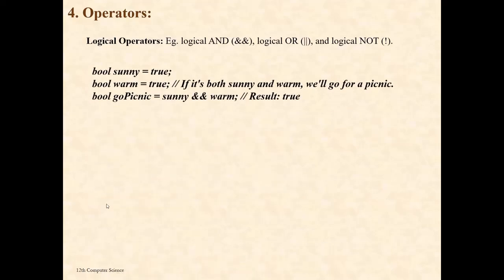There is one example given here. We have declared a boolean variable named sunny. A variable can be boolean, integer, float, character, or even a string. If you declare a variable as an integer, it will only store an integer value.